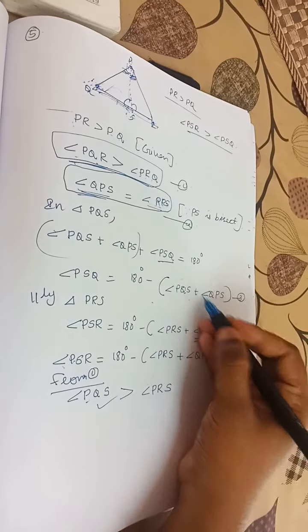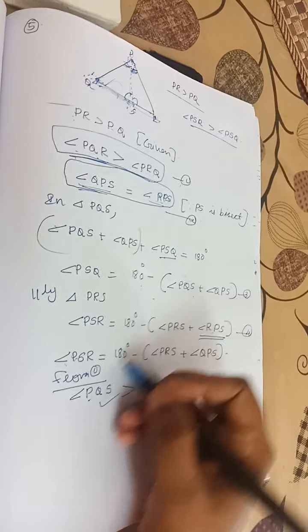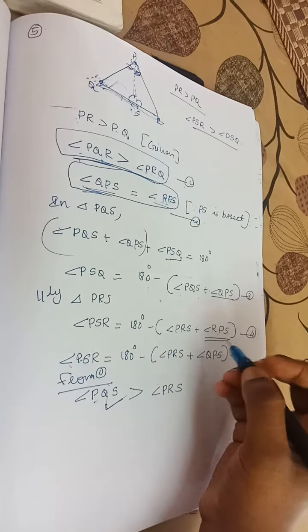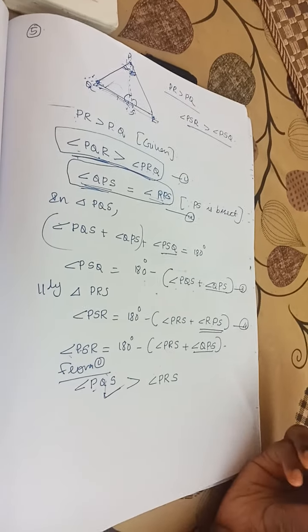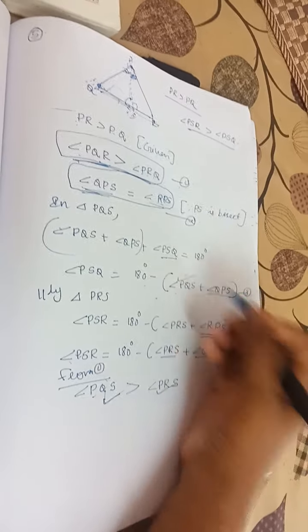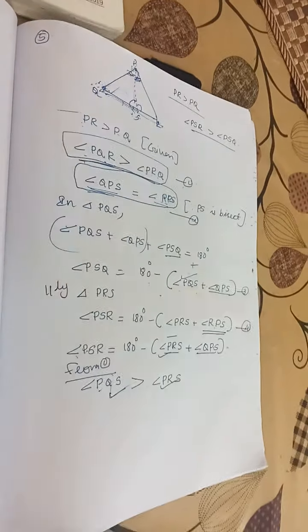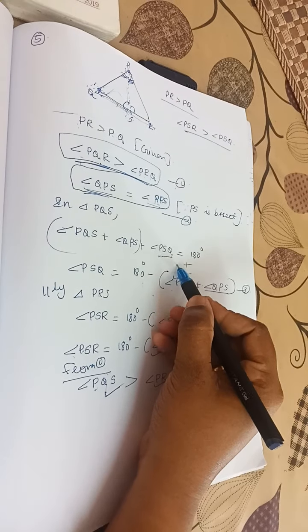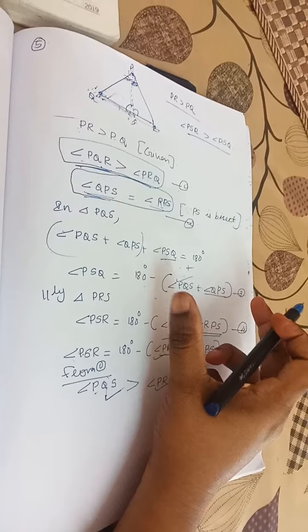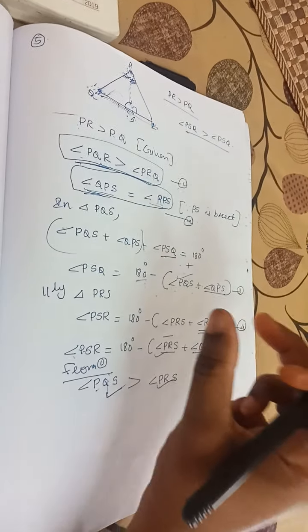So if you check these two equations, here 180 minus this greater angle is added with QPS, correct? Here also we are adding QPS, but here we are adding the lesser angle. So this is adding the greater one and this is adding the lesser angle. If you add a greater angle to the same number, you will get a greater number. Then 180 minus a greater number gives a small number.